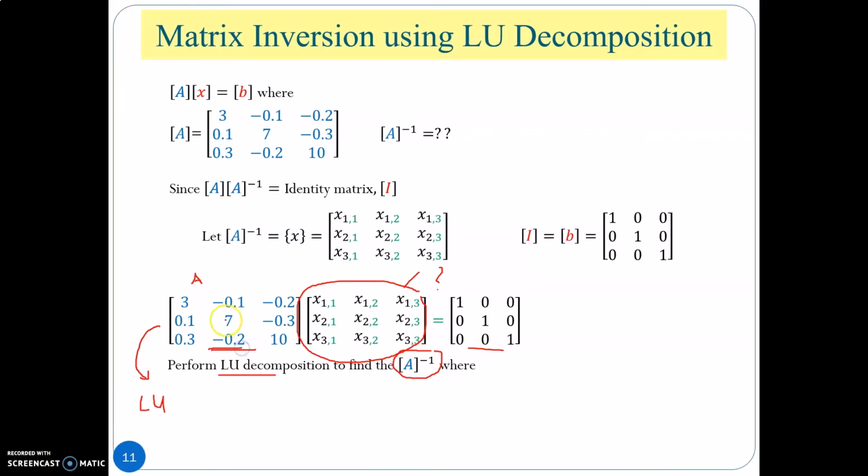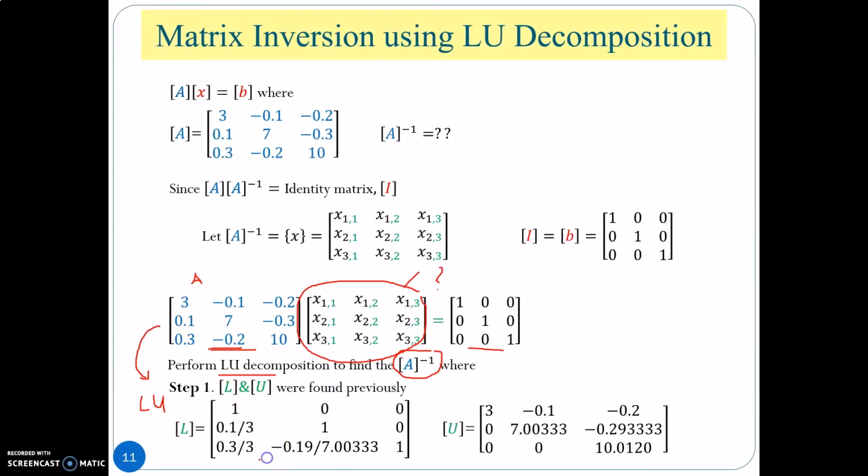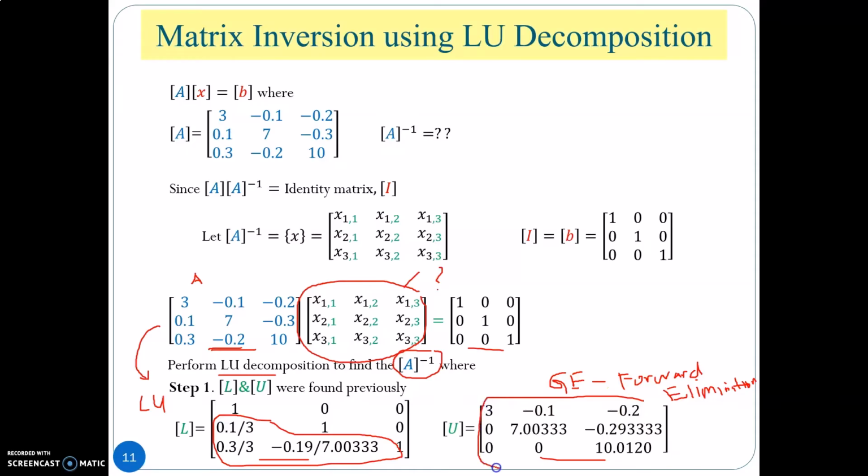Since this A matrix is the same as the previous example, we can use the same answer that we found in the previous example for the L and U matrix. Basically, this is the factor that we use in the Gaussian elimination during the forward elimination process, and this is the Gaussian elimination result after we perform the forward elimination.